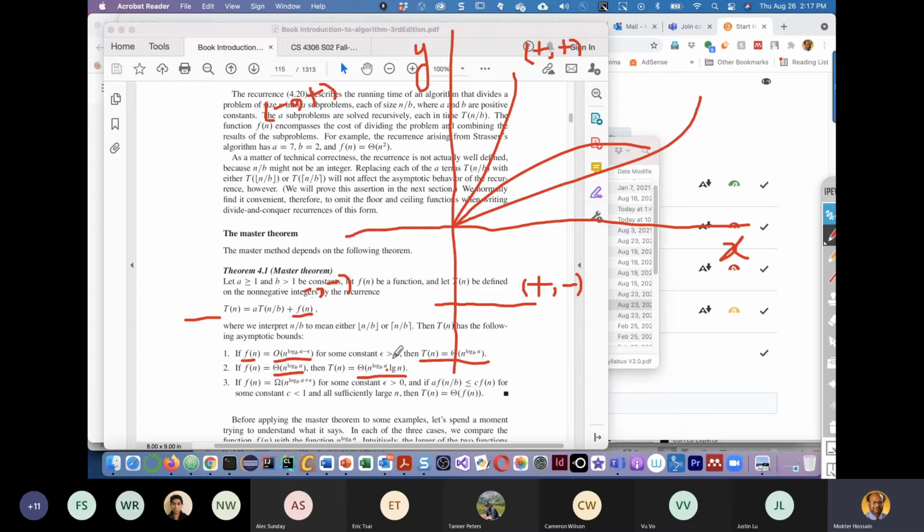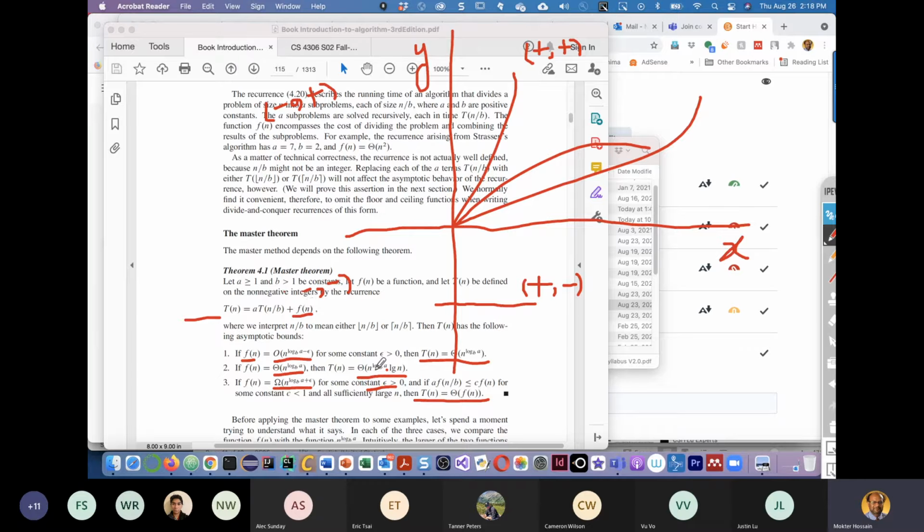And the third case is that f(n) is a lower bound, omega of n to the power log base b of a plus epsilon, for some constant epsilon, and it has some extra conditions as well, as we'll come to later. Then T(n) equals theta of f(n). So what is f(n)? We will have f(n) given.